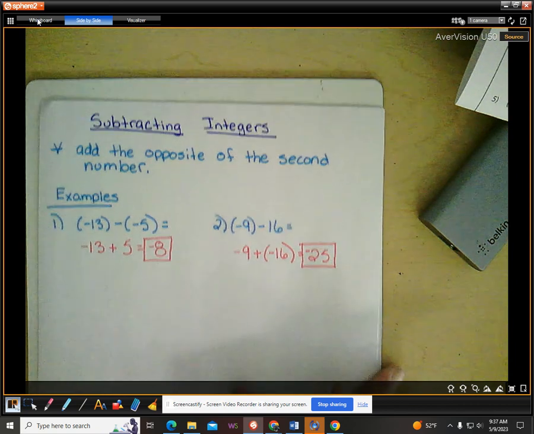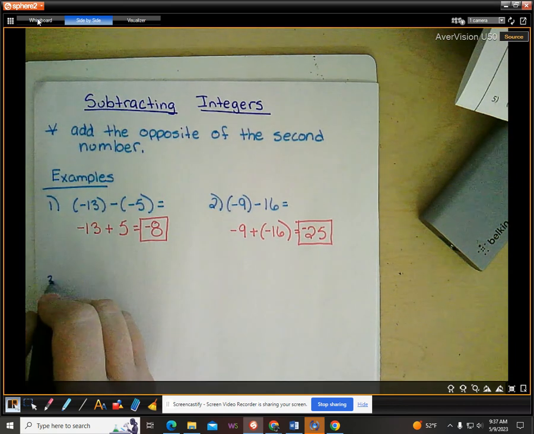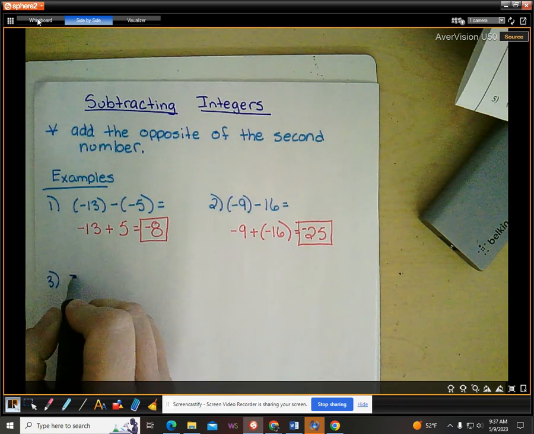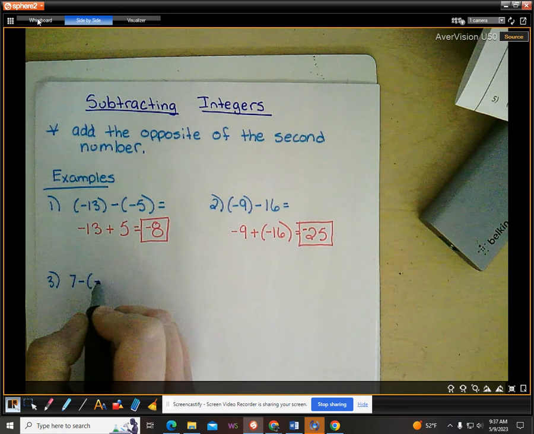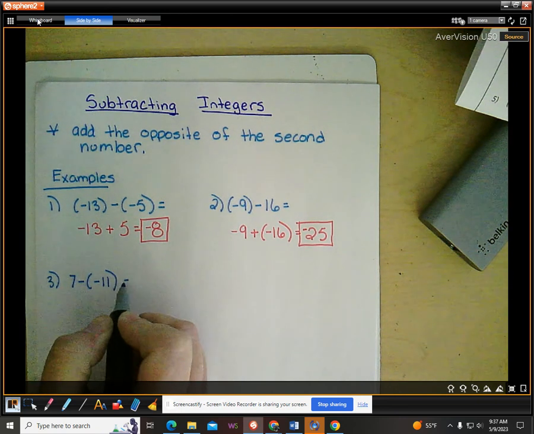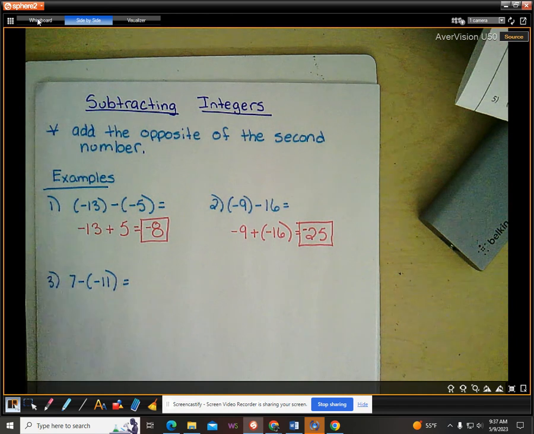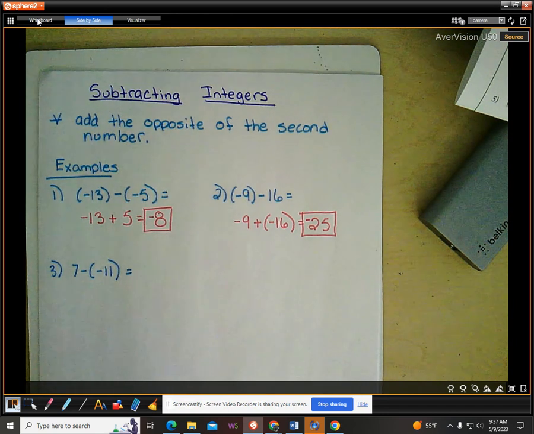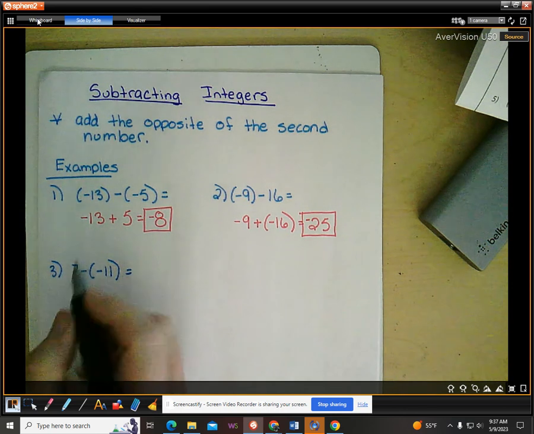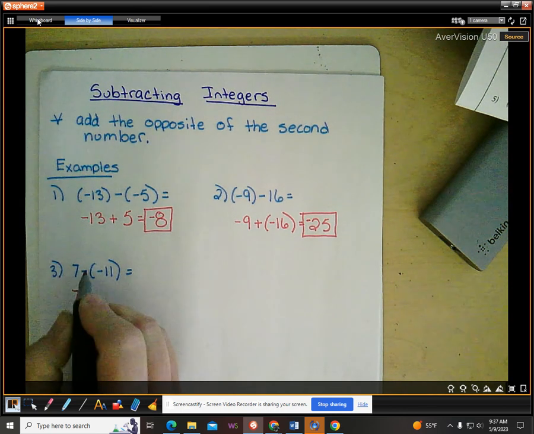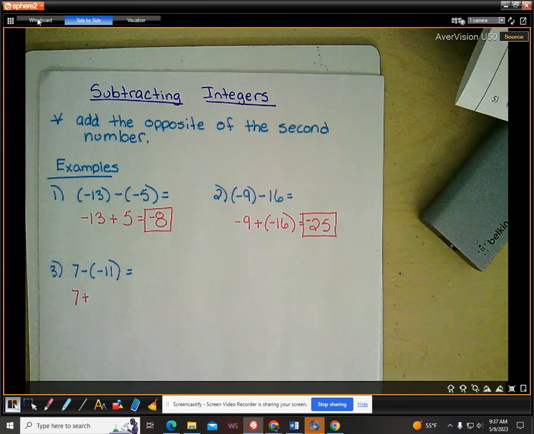Okay. Another example. 7 minus a negative 11. Okay. Subtraction problem with negative numbers. So we need to add the opposite of the second number. First number stays the same. Subtraction gets changed to addition.